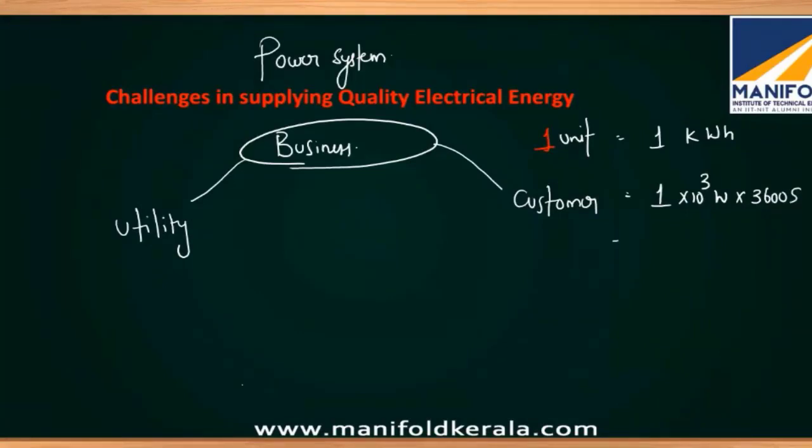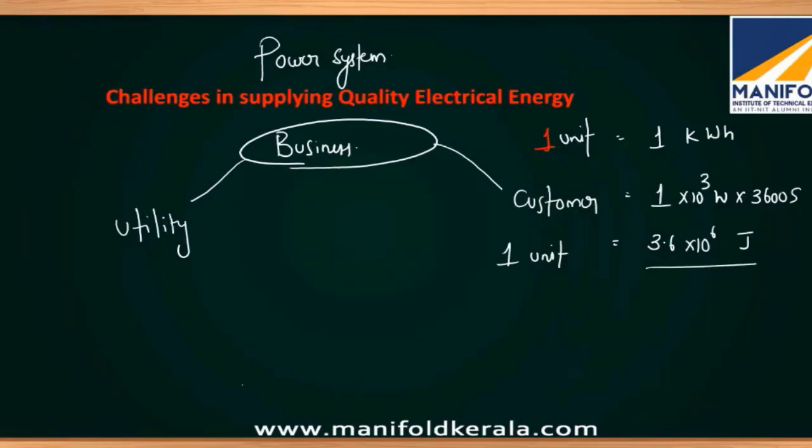If you multiply both, it will become 3.6 into 10 power 6 watt into second. Watt into second is joule. So 1 unit of electrical energy means 3.6 million joules of energy.